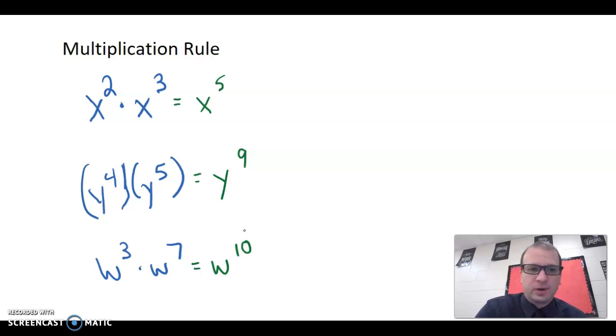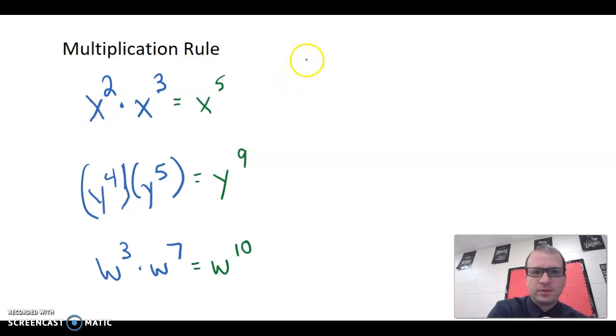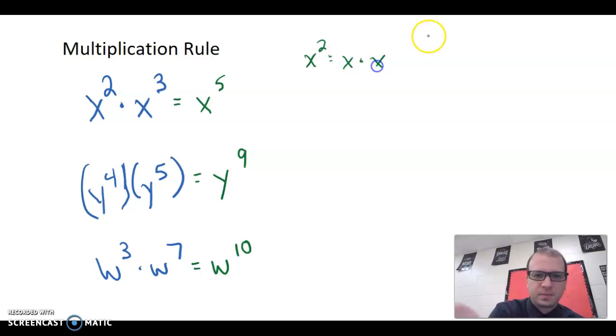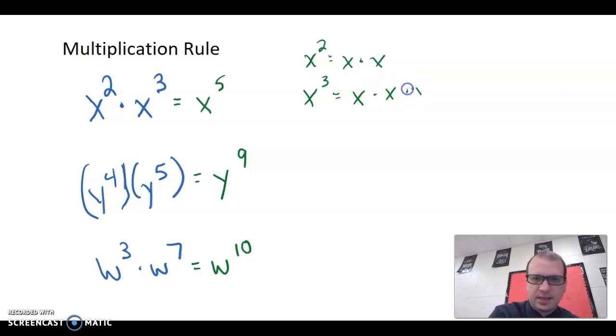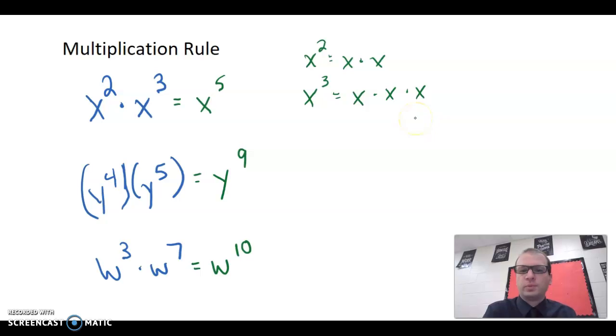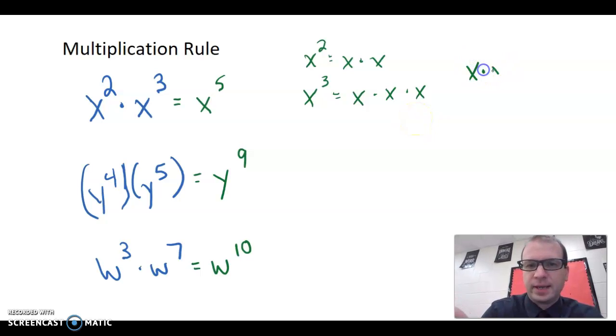And here's the tricky part. Why does this work? Well, if we did x squared, that's really x times x. And if we had x to the third, that's really x times x times x. So if I were to multiply those things together, I would have x times x times x times x times x.